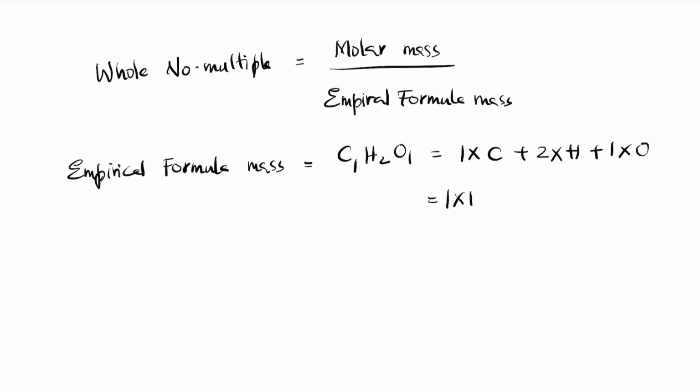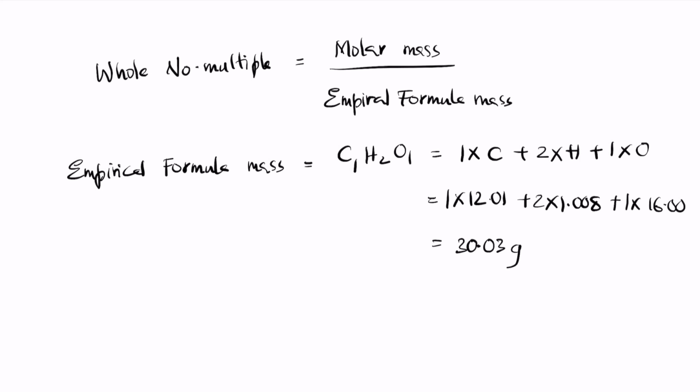So that becomes 1 times 12.01 plus 2 times 1.008 plus 1 times 16.00. So you have 12.01 plus 2.016 plus 16.00.